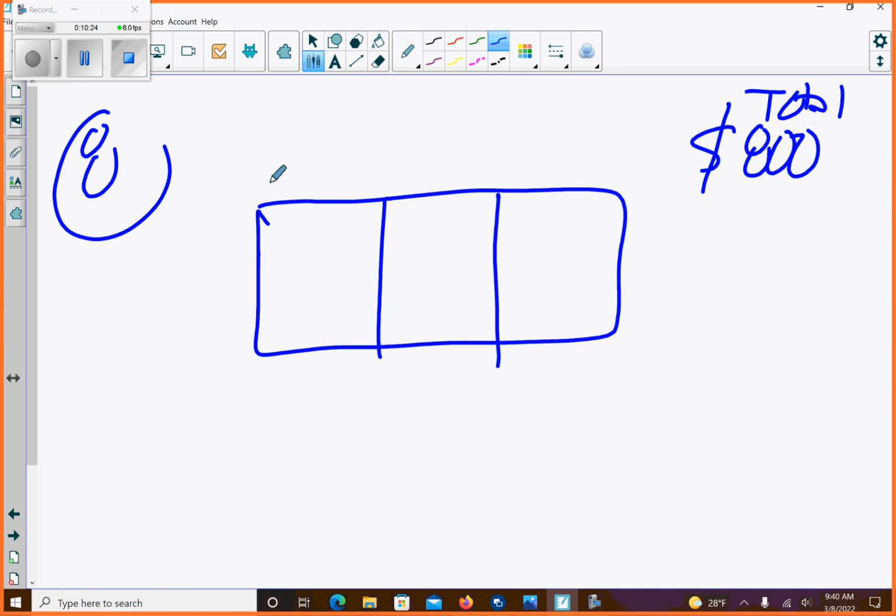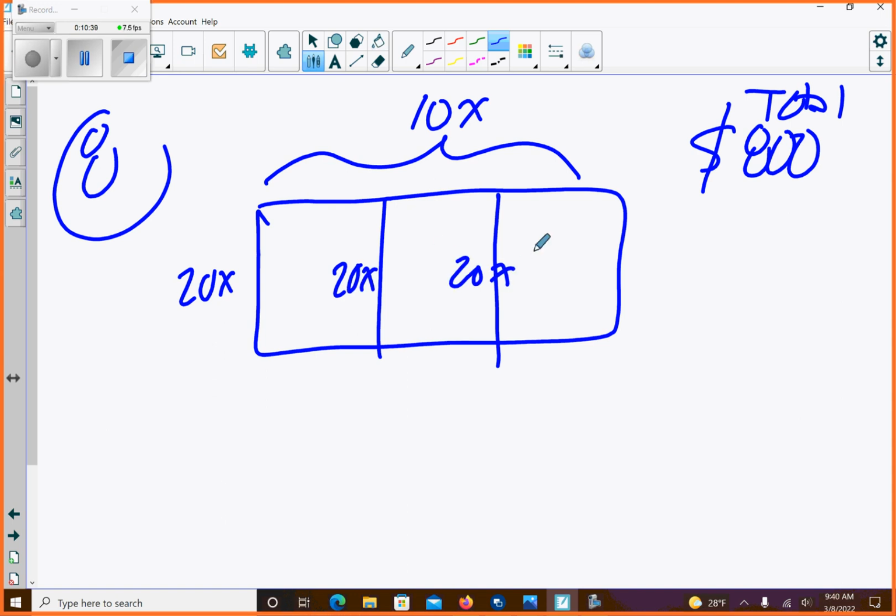So this side is $10 per foot, and then these would be 20 per foot. So I got 20x here a couple times, and then on the bottom I also have 10x. Okay, so what dimensions will maximize the area enclosed in the family's budget?